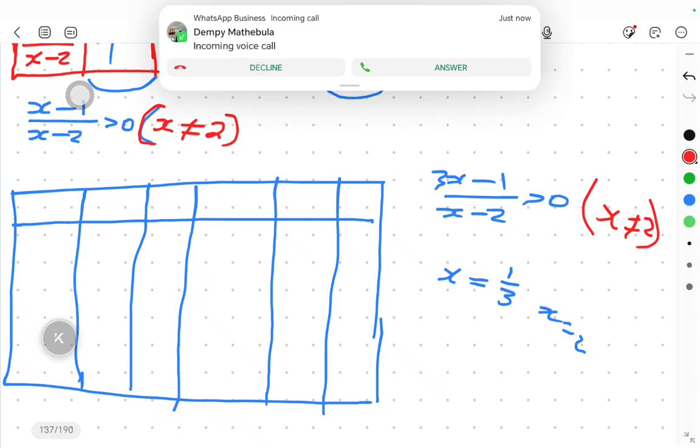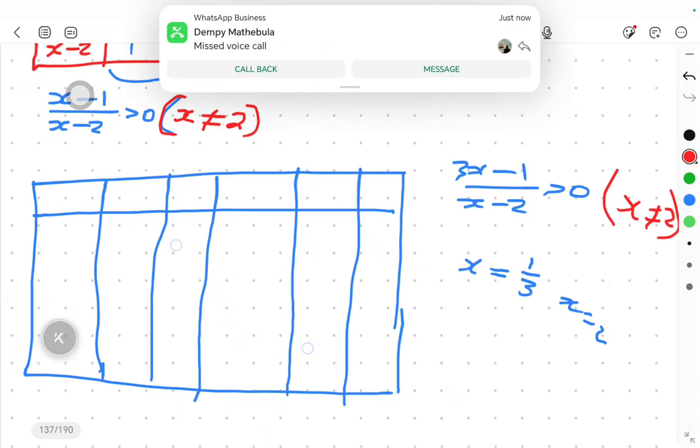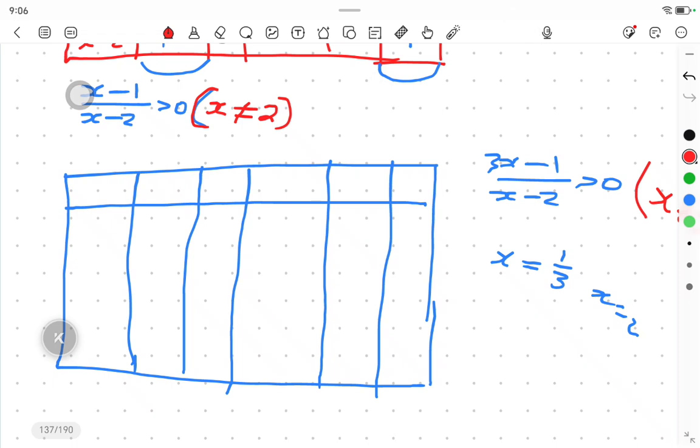So now we are going to take where x is less than 1 over 3, because 1 over 3 is the smallest one, right? And where x is equal to 1 over 3, and where x is between 1 over 3 and 2, and where x is equal to 2, and where x is greater than 2.